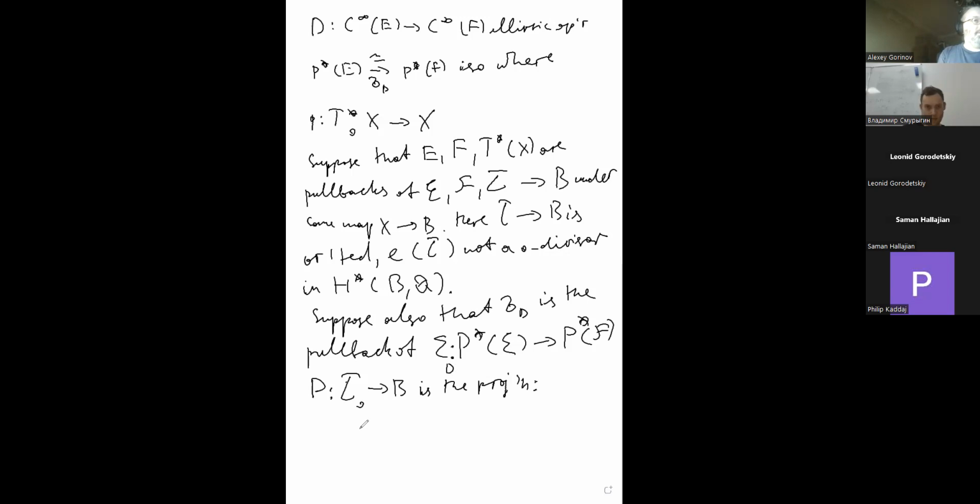Well, this means the following thing. We have this isomorphism between P upper star of E and P upper star of F, and this is given by the symbol.